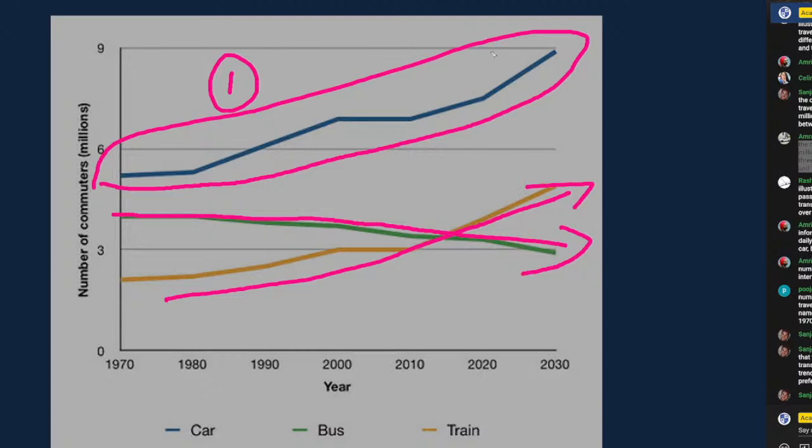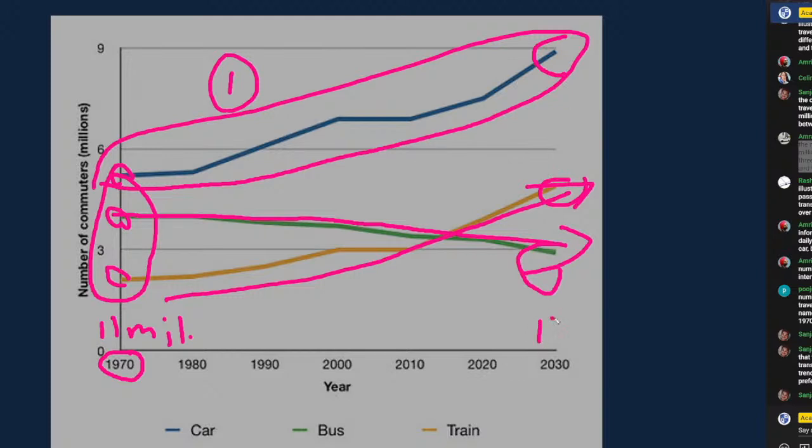And overall, we can see that here, if we were to add these numbers together, right, we'd have 2 plus 4 plus 5. So we've got about 11 million in 1970 for commuters. And then here we have 3 plus 5 plus 9, right? So that's 14 plus 3 is 17 million.